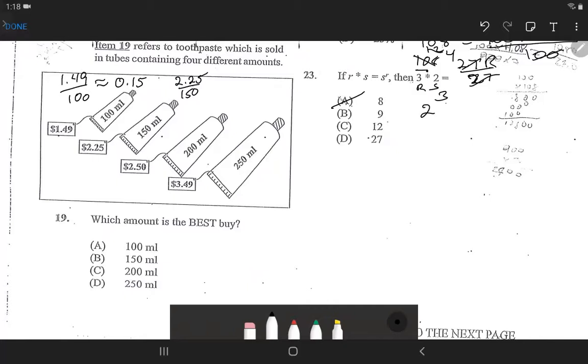Notice that 25 could go into both of them. So 25 could go into this 0.08 times. Right, and 25 could go into this 8 times. So if you divide, that is 0.01.